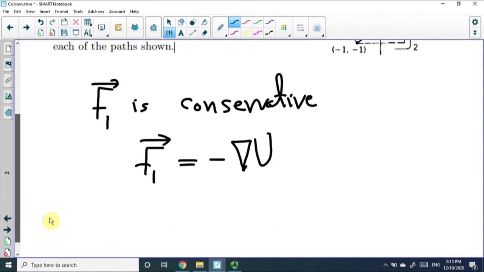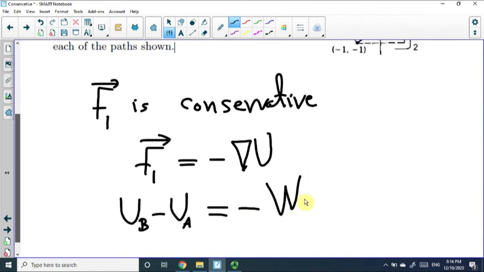Or we can write this equation in a different way, saying that if I move from point A to point B, the change in potential energy, final potential energy minus initial potential energy, is really nothing but minus the work done by the conservative force. We finished that in part 1.